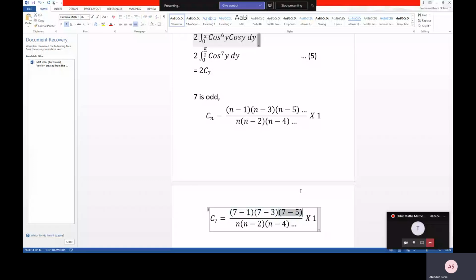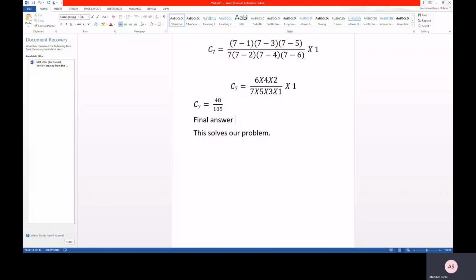We are not done. Don't forget, our problem is 2 to the 6, 7. So the answer is actually 2 to the 6, 7 plus 2 times 48 over 105.